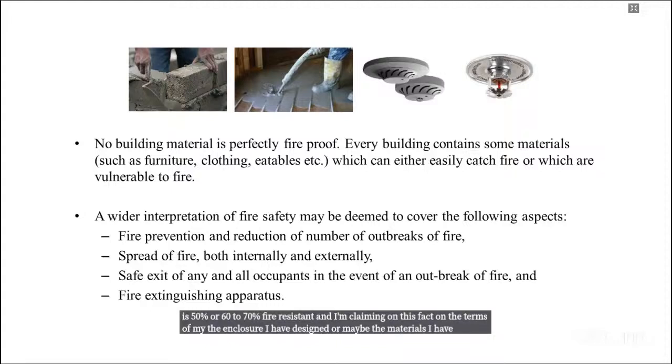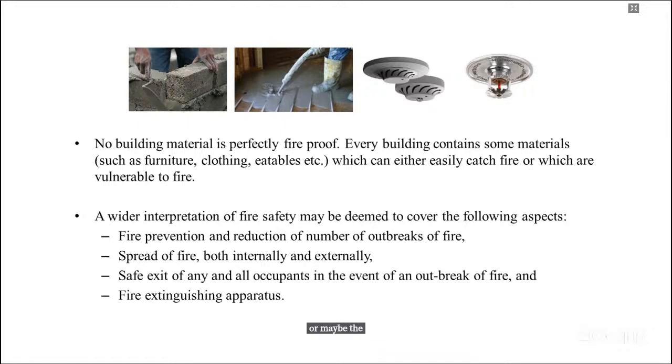For example, if I've used the entire frame system, or the false ceiling system with asbestos and different types of materials, the time lag is 2 hours. That's why my building may be 40% in the fire safety and fire resistivity zone.